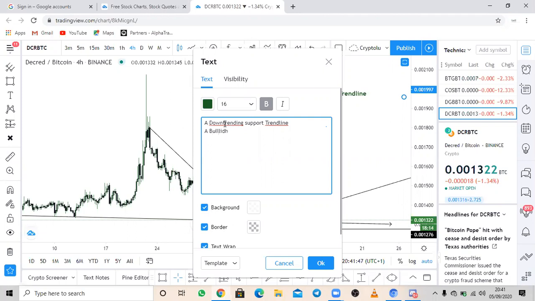I like to find as many confidence reasons as possible for a trade.